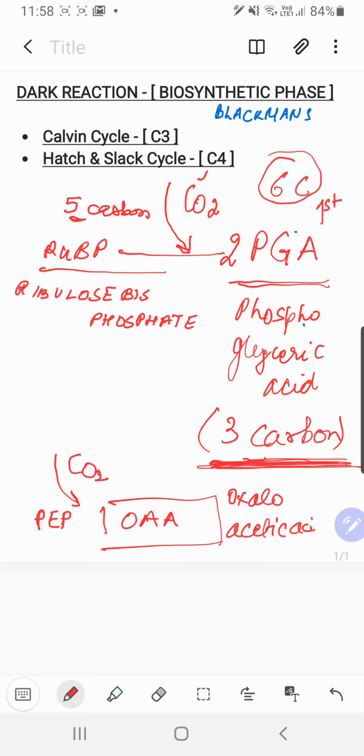Oxaloacetic acid, right, and it is a 4 carbon atom compound. So if a plant is following a pathway for dark reaction where a 4 carbon atom compound is formed at first, that will be the C4 cycle. You also call it the Hatch and Slack cycle. And the other one, the main one and rather the most abundant one found in all plants, is the C3 cycle, where the primary molecule which is processed is the 5 carbon atom compound RuBP, right.